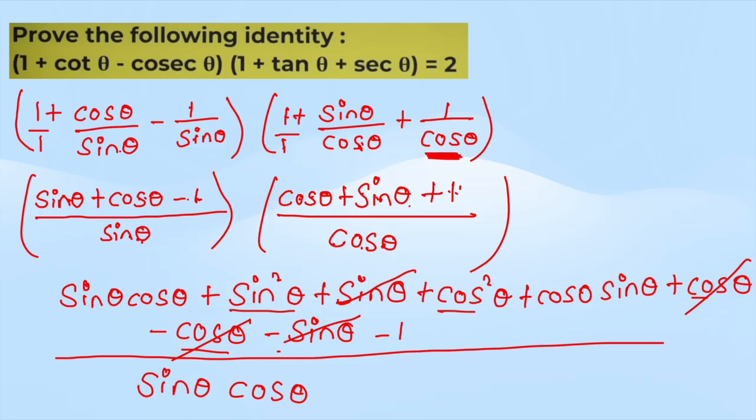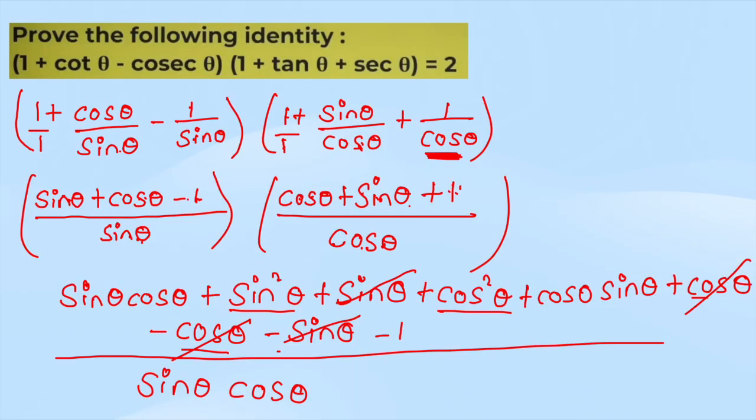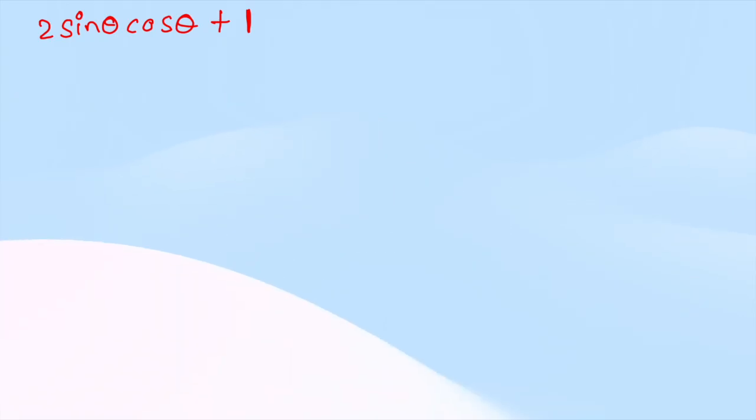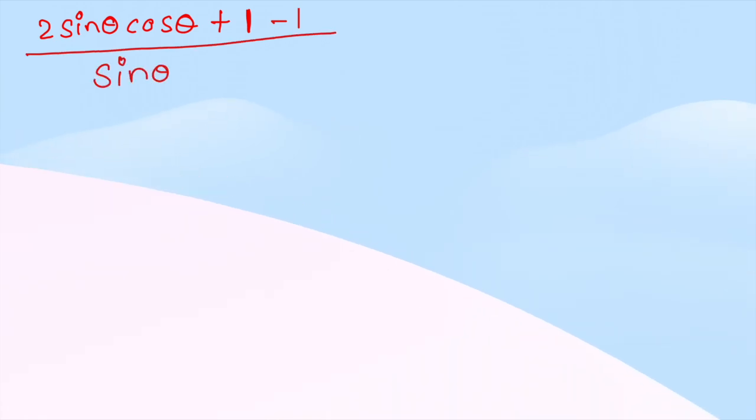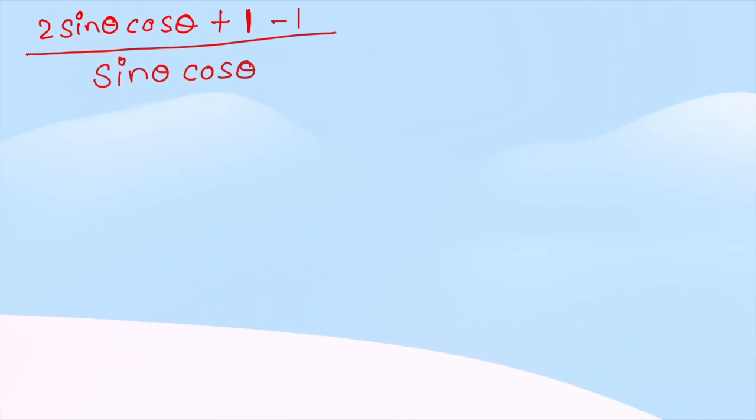What other thing do we have? Sine square theta plus cos square theta. What is sine square theta plus cos square theta? That is 1. We know the identity. And we have minus 1, all over sine theta cos theta. Any doubt? LHS has become this, right? Now, plus 1 minus 1 will cancel out. That will make 0.